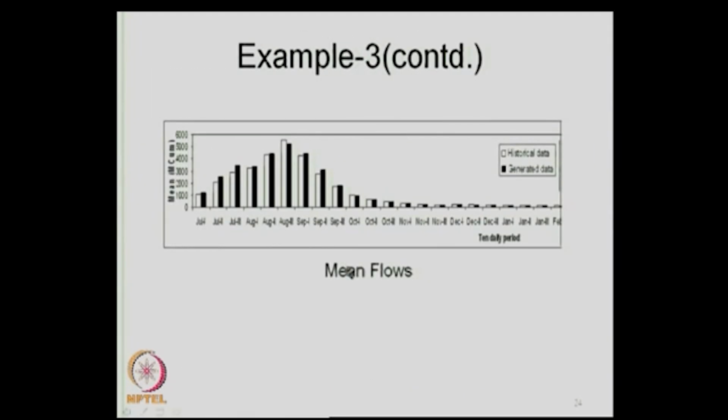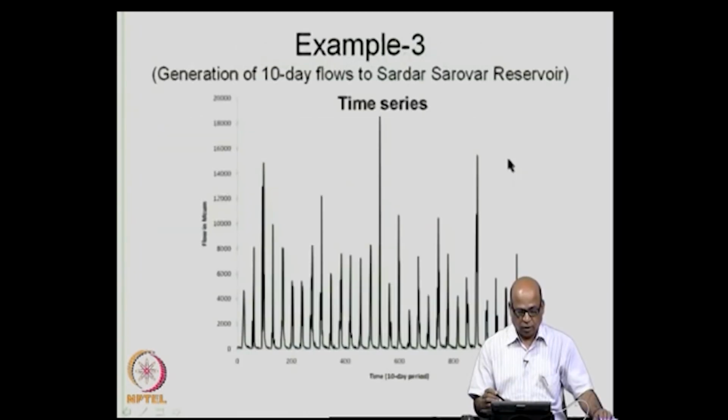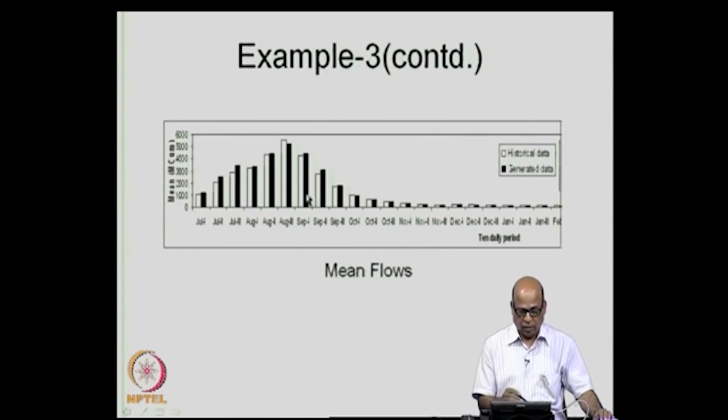So, when we do that, we compare the generated and the historical mean flows like this. This keeps going as it is mentioned here. July 1, July 2, July 3 is the first month, which is July in this case. First month, 3 time periods, July 1 to 10, 11 to 20 and so on.